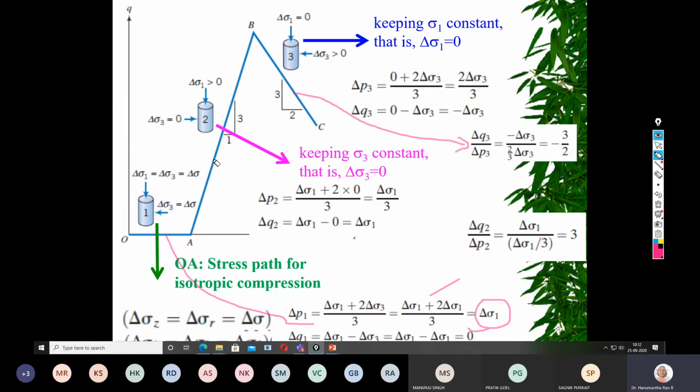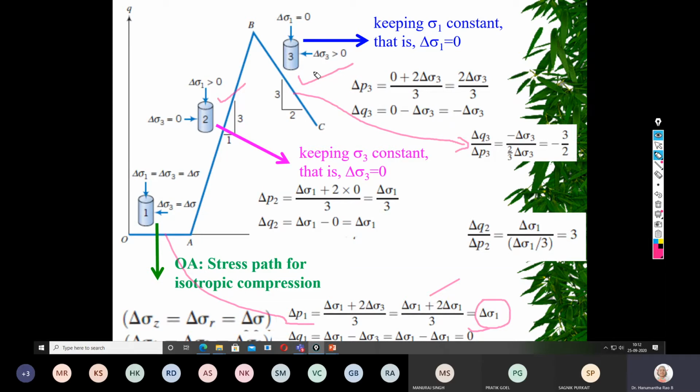The stress path when you solely increase sigma 1 is different. When you increase only sigma 3, then it is different. This covers the axial compression, while this covers the unloading condition, some kind of an excavation, or basically earth pressure.